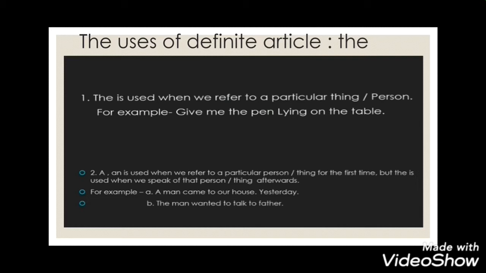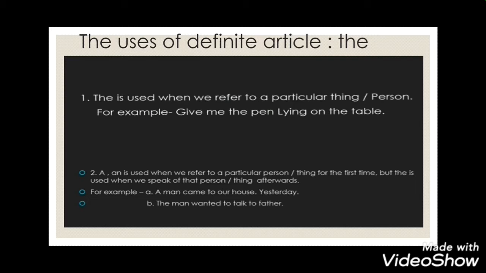So here in the example itself, you can notice that we are not talking about just any pen, but we are particularly talking about a pen which is lying on a table. Means here the pen is particular. That's why we have put the before it and not a or an. Means you have to be very particular regarding a thing or person. Then only we have to put the before the noun.